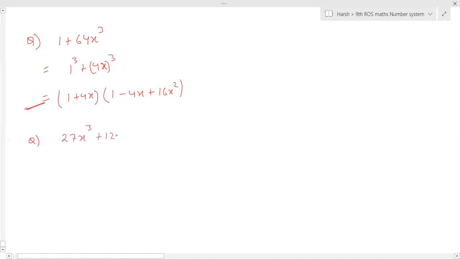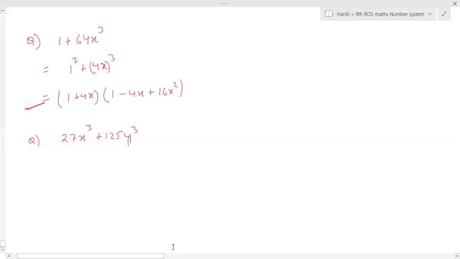27x³ plus 125y³. First quick answer. Srinidhi.